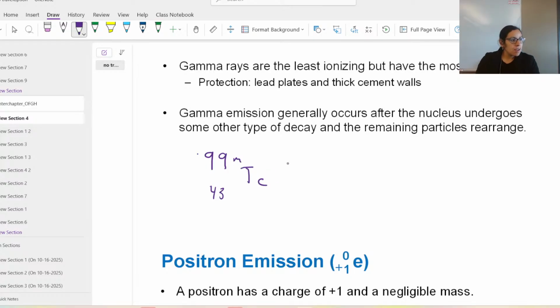It's this technetium atom, and it has this little M, and that tells you that it's metastable. That's really your only hint. And it's kind of strange because it just goes to another form of it. So it's still 43 technetium.